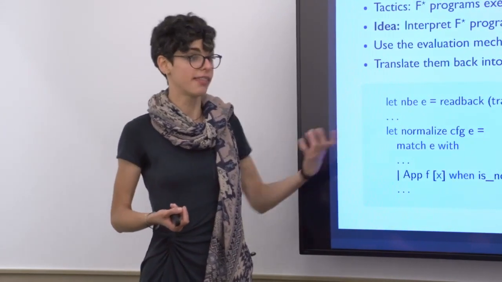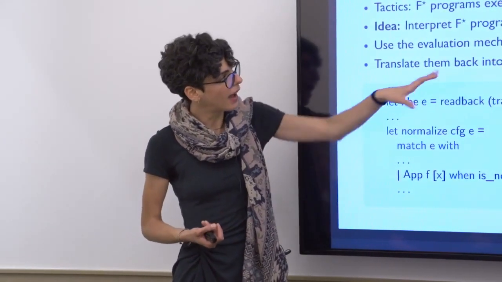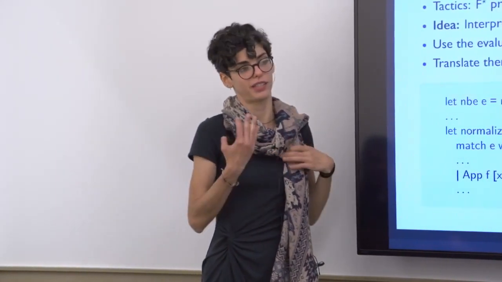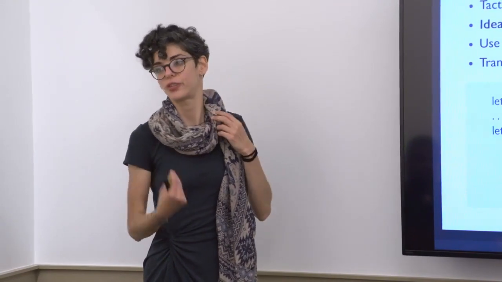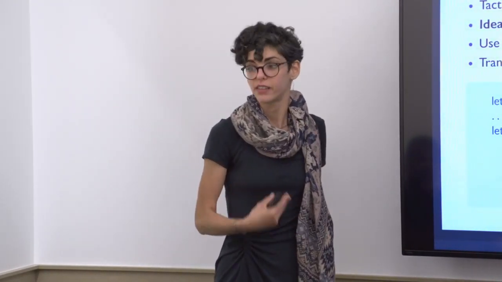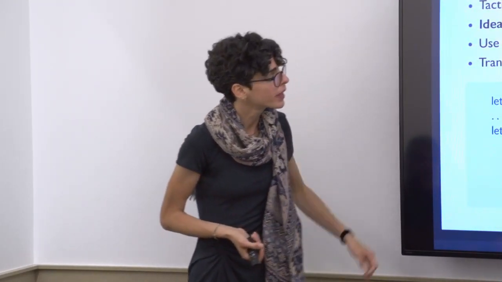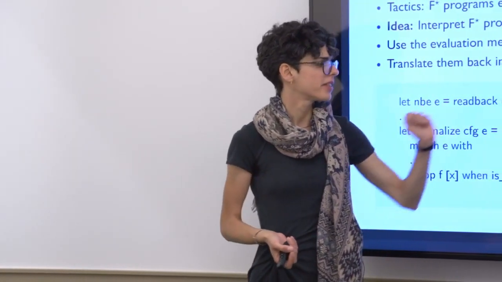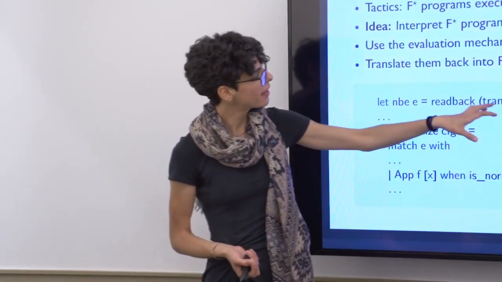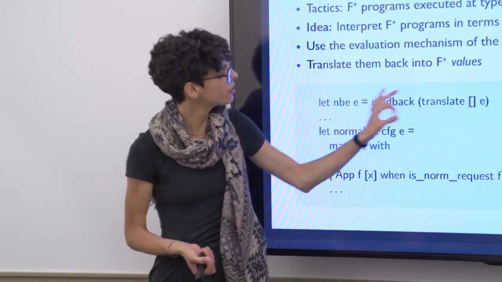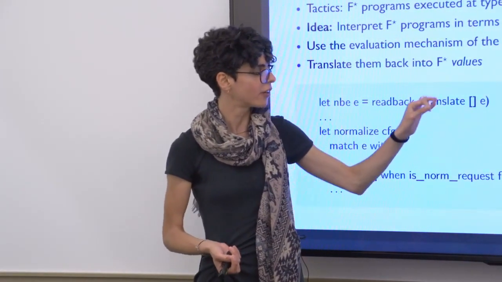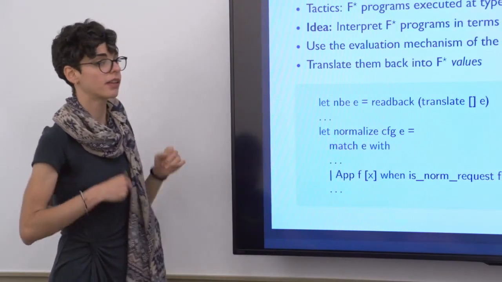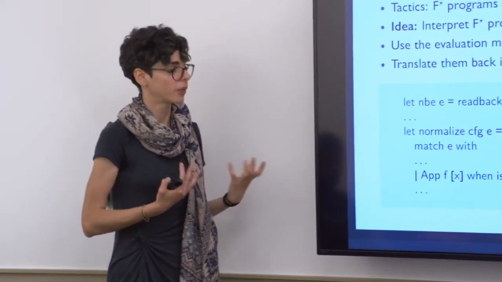And we know that the translation of these OCaml terms into F* AST will be values. This is the property of our evaluator. So NBE looks like that. Translate E in the empty environment. This will return an OCaml term, and then read it back into F* AST, and we know that this term will be a value.